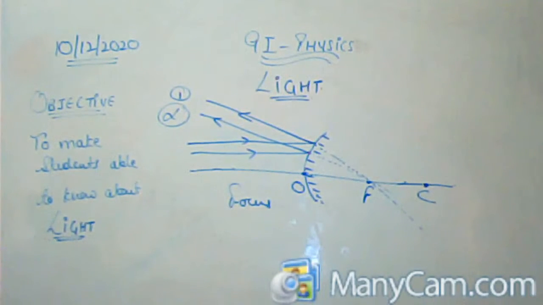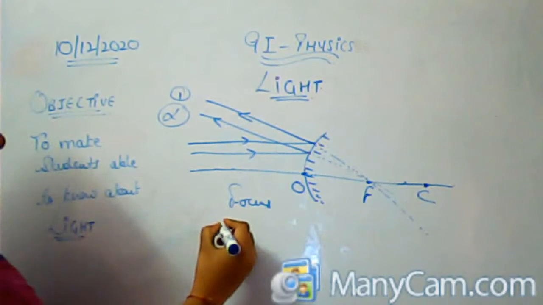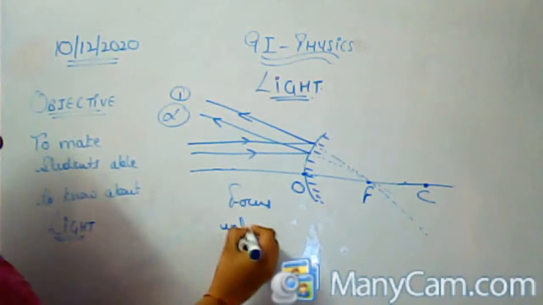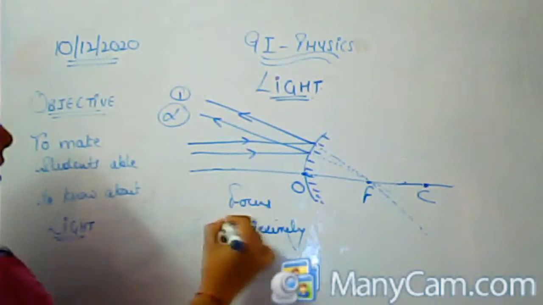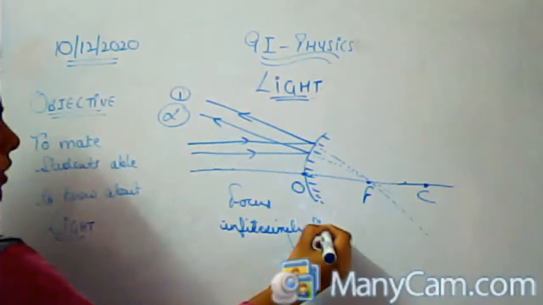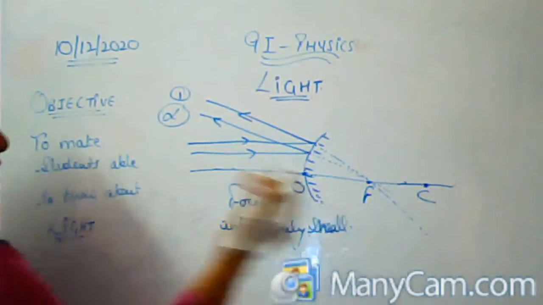Focus पे just like a dot, कोई हम arrow line कुछ draw नहीं कर सकते. So this is very small in size, so we can write it is infinitesimally small. Infinitesimally small, or you can say very diminished.